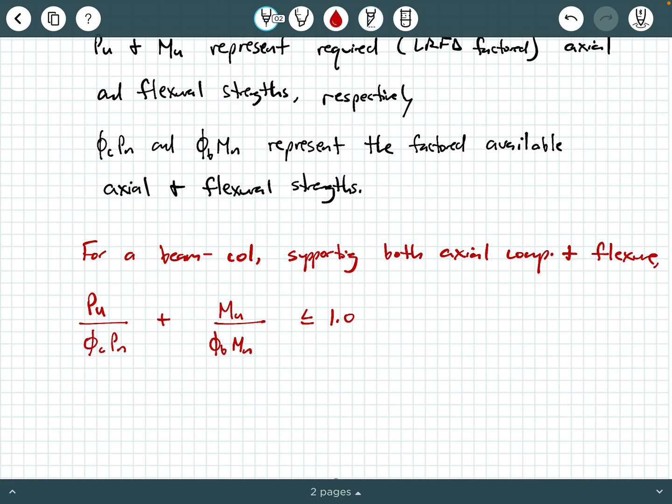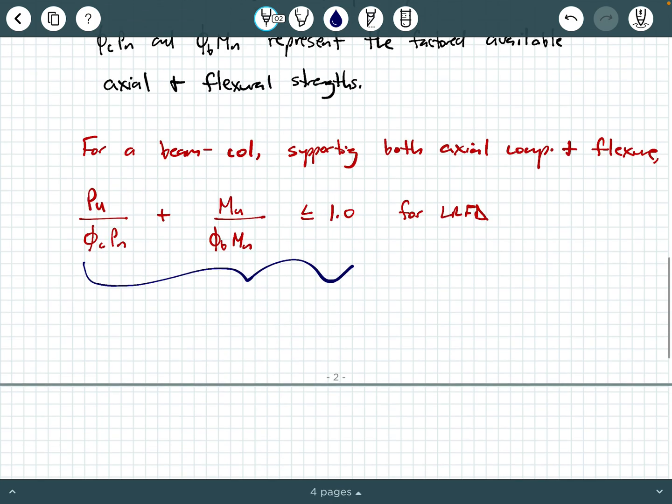This is for LRFD, and we sometimes call this type of relationship an interaction equation. This is a general interaction formula, and the reason we call it that is because we are looking at the interaction between the effect of axial compression and the effect of flexure on one particular member.